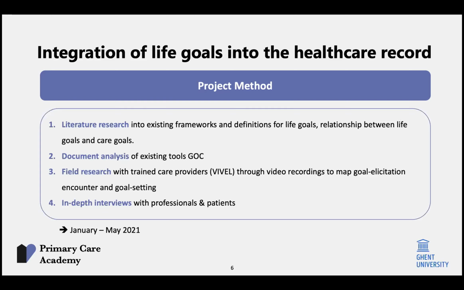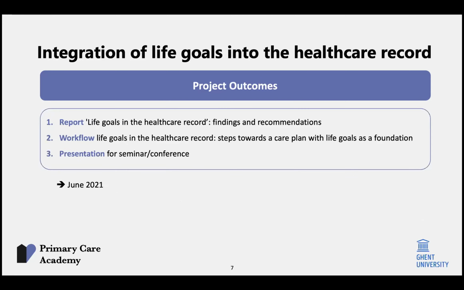And so all the results from these 4 stages will be the input to research our 2 research questions. The results of this project will mainly consist of 3 outcomes. First of all, there will be a report on all our findings and recommendations.